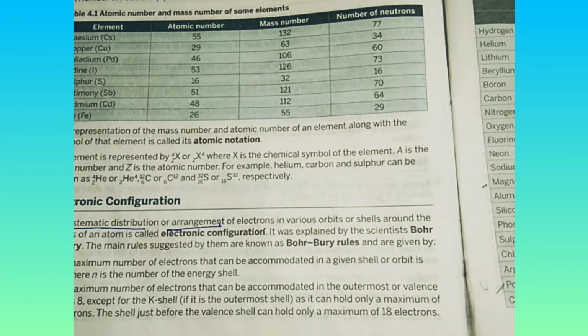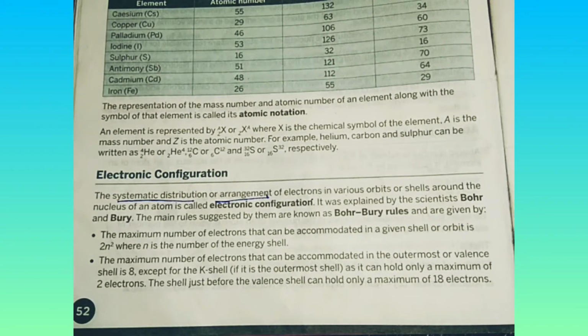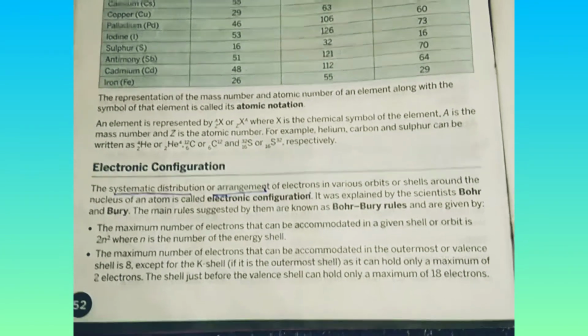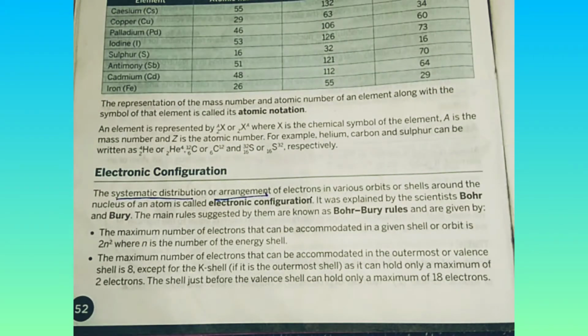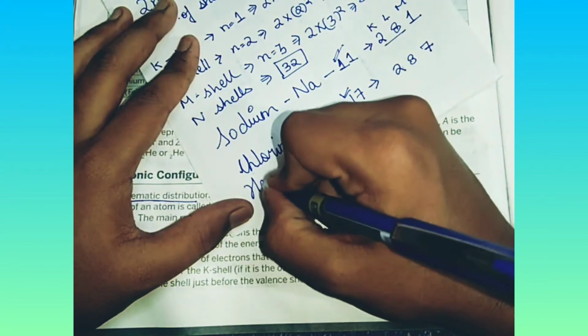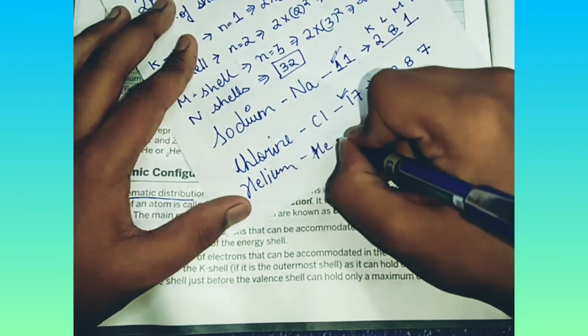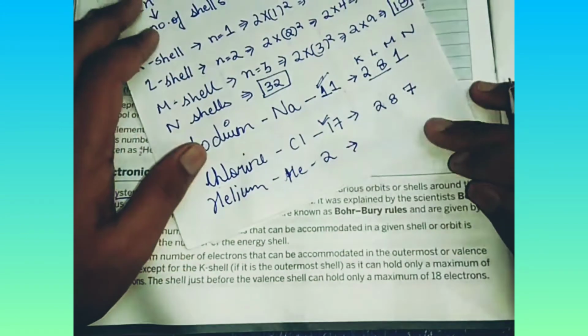So I hope you all have understood what I mean by electronic configuration and how we are going to do it. Yes, so let's take one more example, helium. The atomic number is 2. So how are you going to place it?